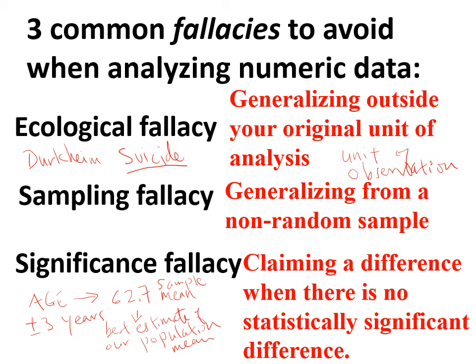isn't really this point. Instead, it is an interval of 62.7 years minus 3 at the lower end. So 62.7 minus 3 is 59.7. So that's our lower bound. And then our upper bound would be 65.7.